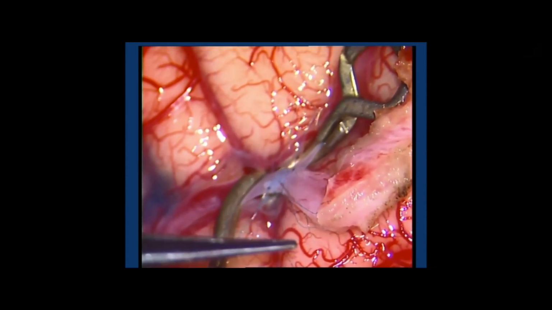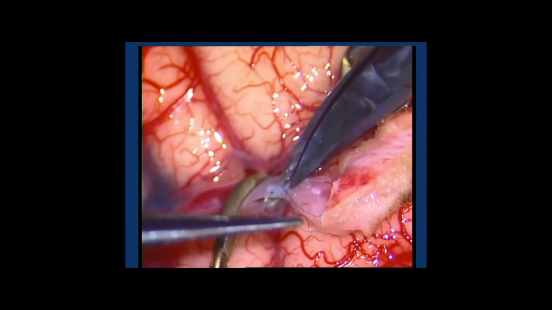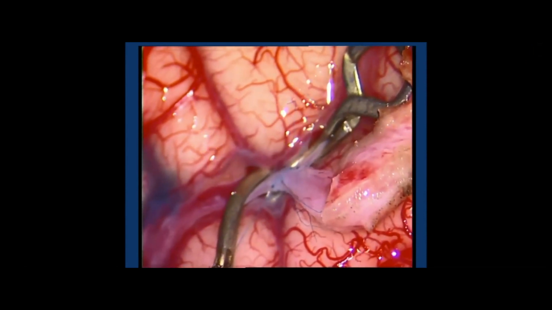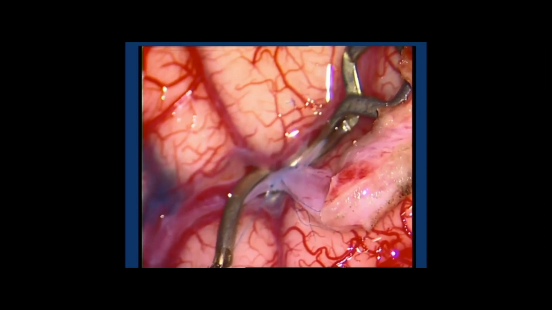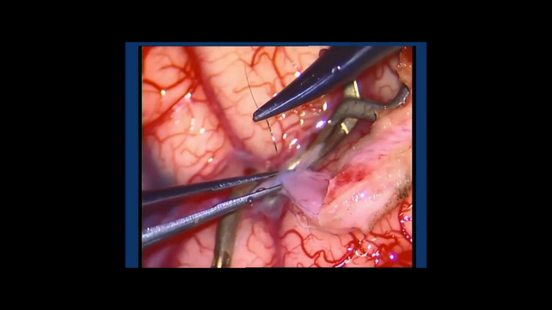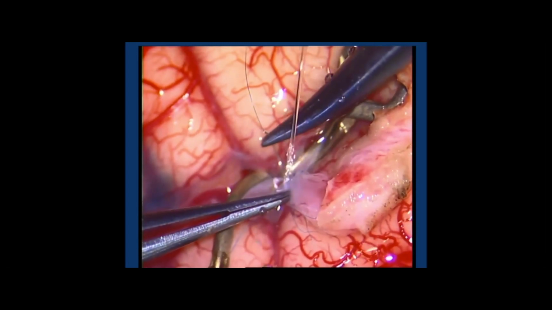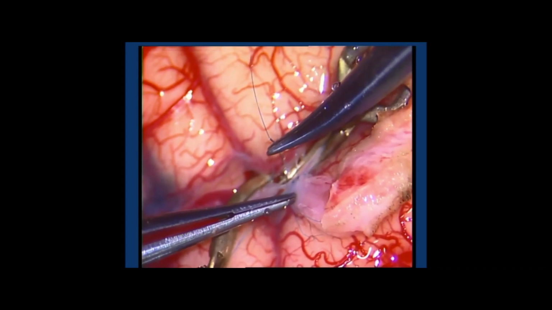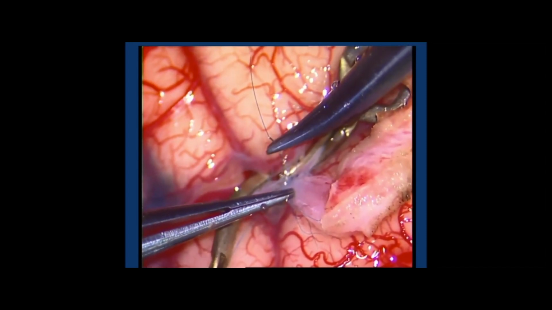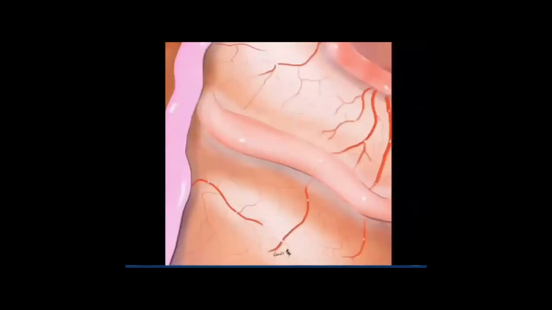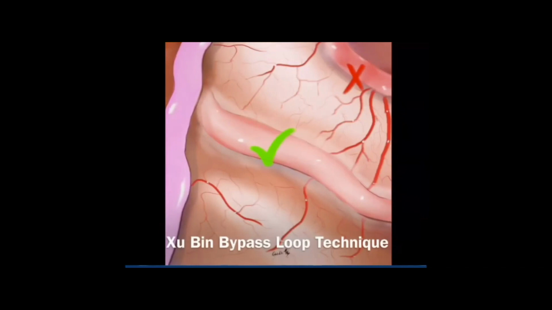Avoid stitching to the contralateral side. If you rinse with heparin saline frequently, you don't need to worry about thrombus formation. So this is a loop technique.